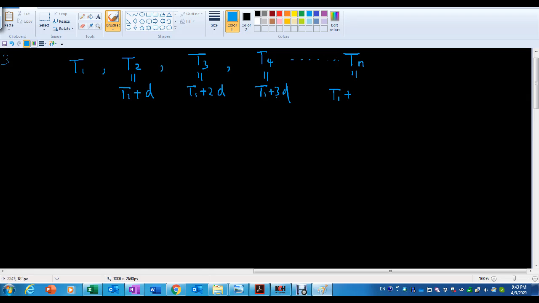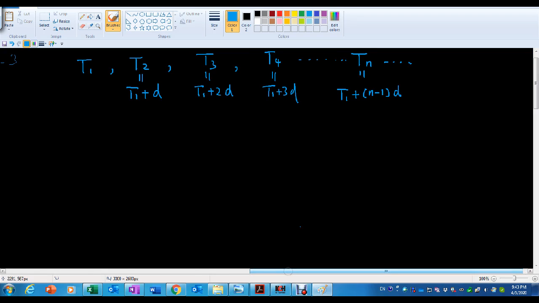For the fourth term, it's 3 common differences. So for the nth term, it should be not n, but n minus 1 common differences. So that's for our nth term. That's how we get that explicit rule to generally describe any AS.